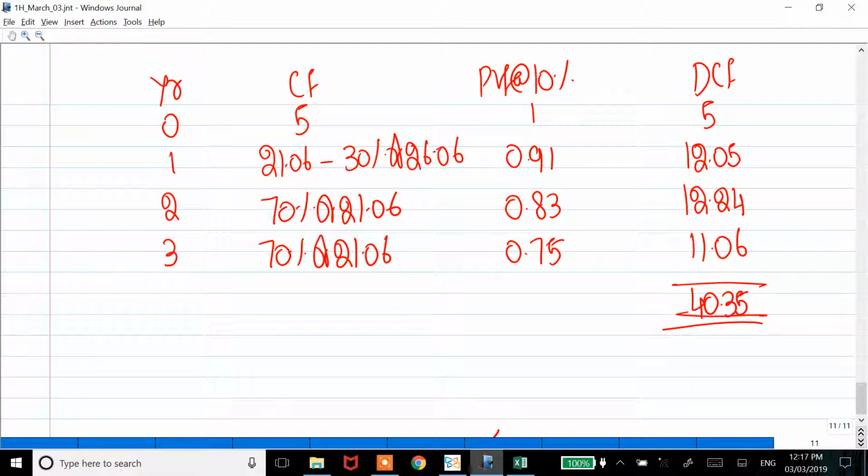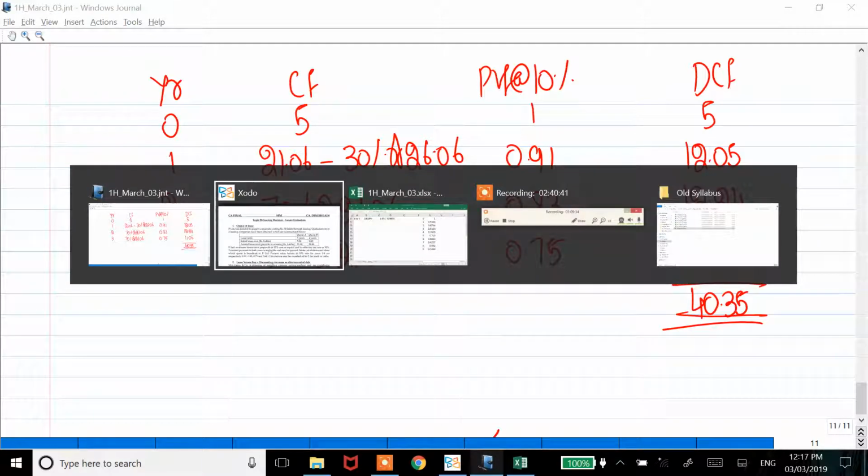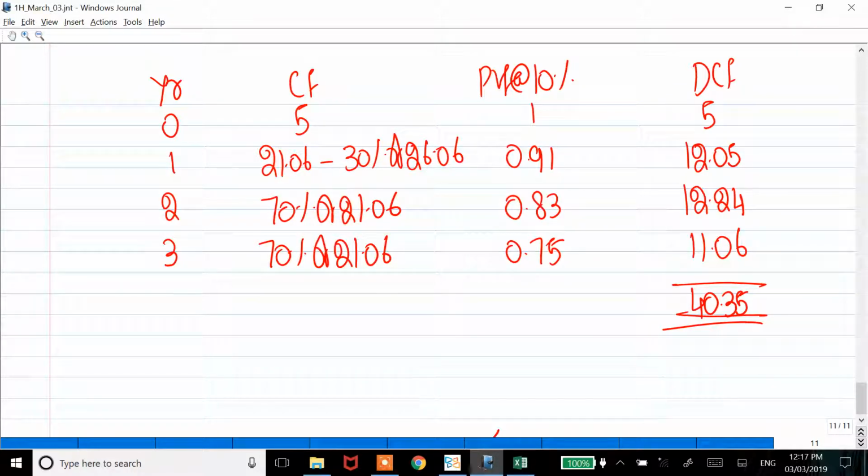Now we'll have to do a similar calculation for the second quote. The critical adjustment is already explained, so similar calculation for quote B. Whatever is the critical adjustment is already explained.